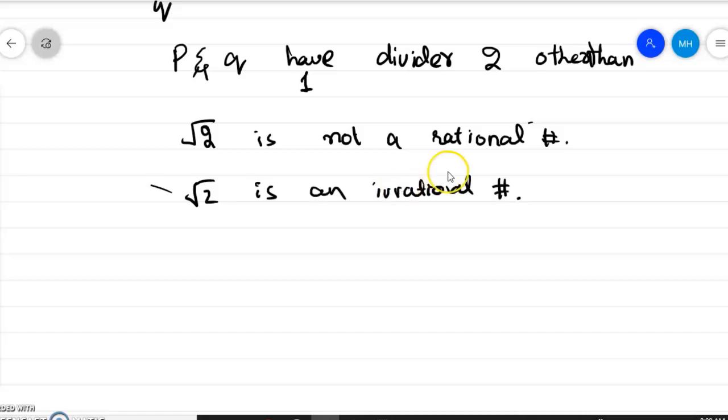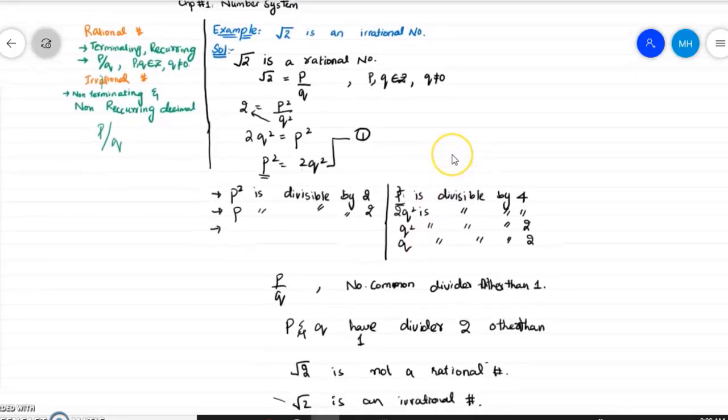Now let's quickly review what we have done in this lesson. We have a number which we have to prove irrational. So we took this irrational number as a rational number on the contrary. According to this, square root of 2 is a rational number, so we have the definition of a rational number p by q, where p and q belong to Z and q is not equal to 0. We put the value p by q over here. Now I square both sides, which becomes 2 and p square by q square.